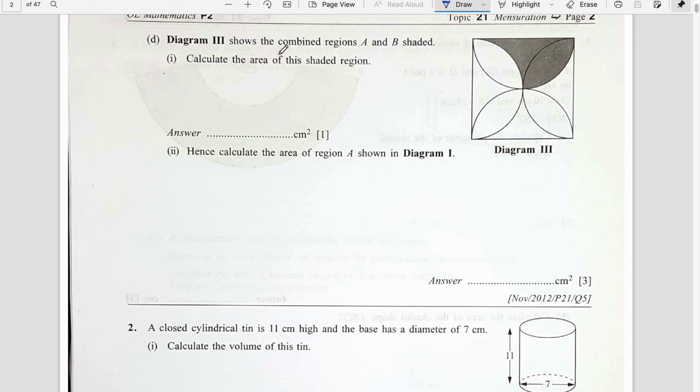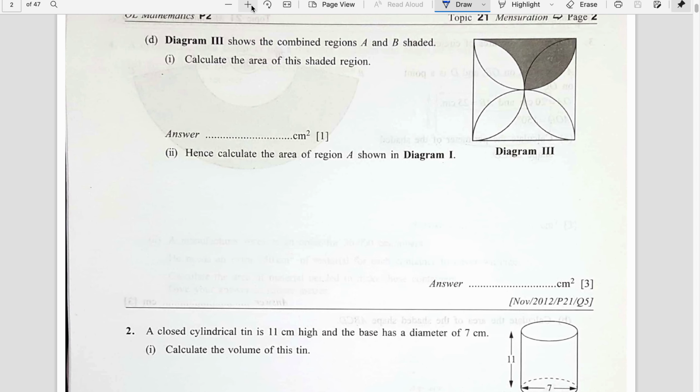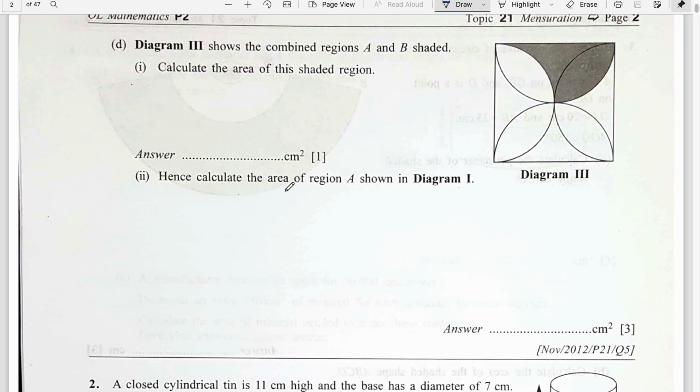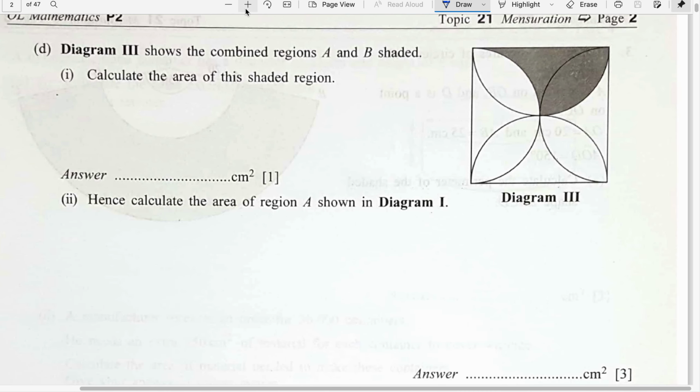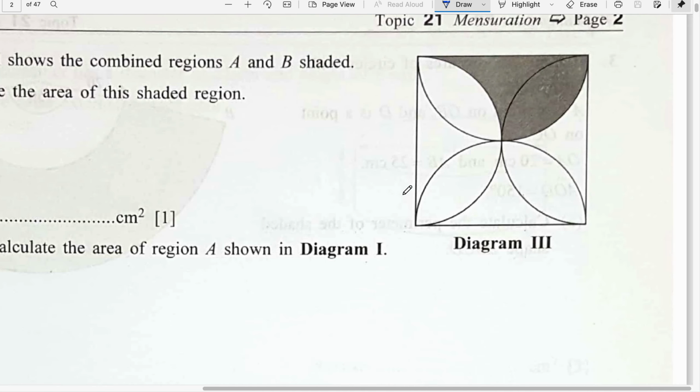Diagram 3 shows the combined region A and B shaded. Calculate the area of this shaded region. Yes beta, how can you do that? You just have to understand the shape. That's all. Take a few seconds and see how you can do that.